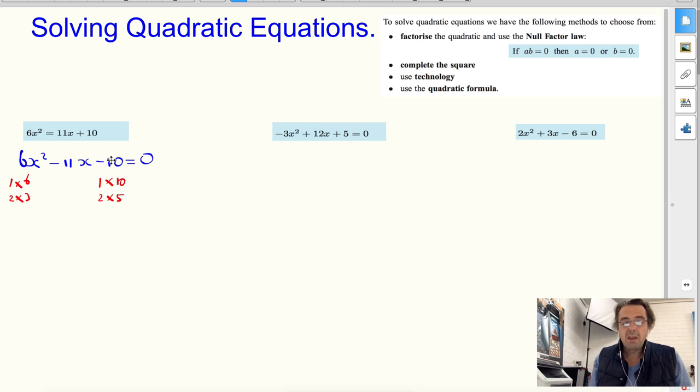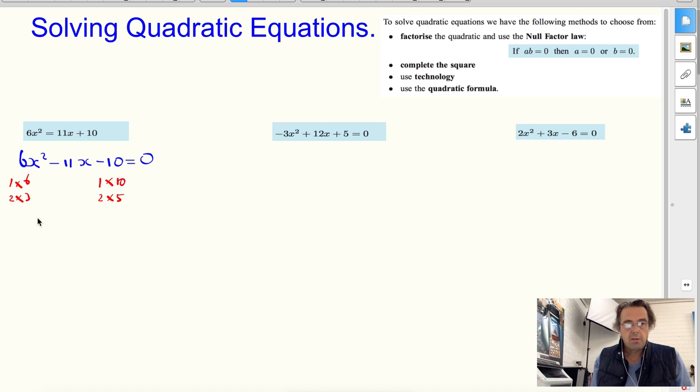Of course, it's a negative 10, so either the 1 or the 10 needs to be negative, and also either the 2 or the 5 needs to be negative in order to create a negative 10. Now it's a matter of combining those to get negative 11. We do that with the cross method.